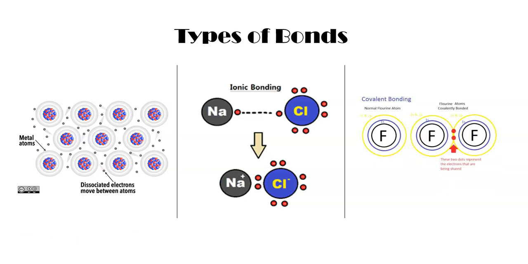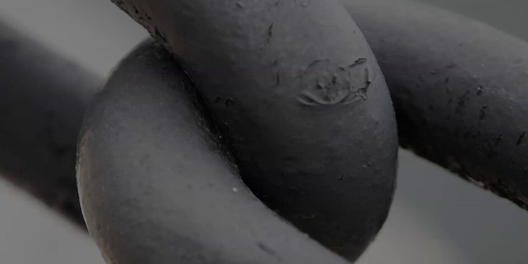And then we have our covalent bonds, which are between non-metals and non-metals, and this involves these 2 atoms sharing electrons. We'll look at each one in a little more depth and some of the properties of them.